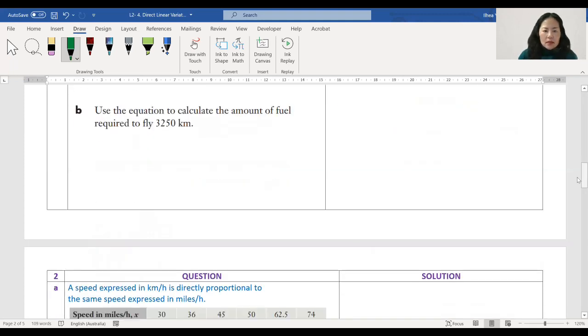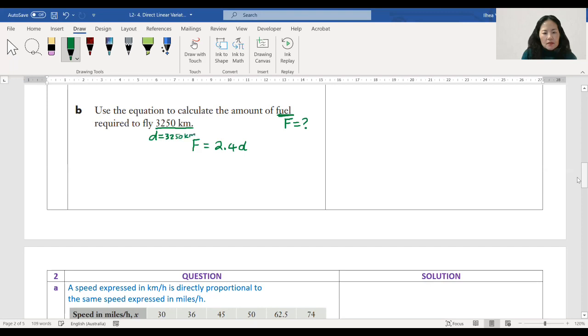Next one. It says use the equation. Excellent, so we can just use that equation here, 2.4D. To calculate the amount of fuel, we're going to have to find the F. We don't know it. Required to fly a distance of 3,250 kilometers.